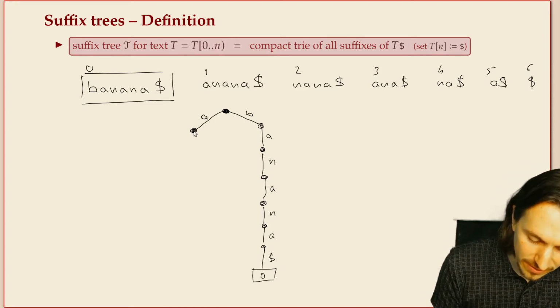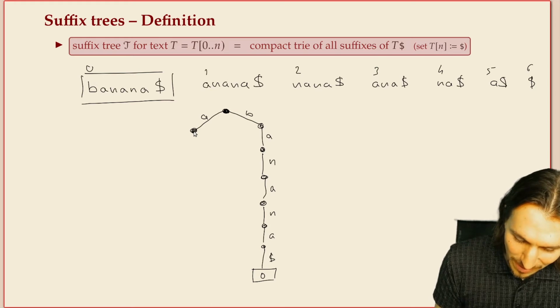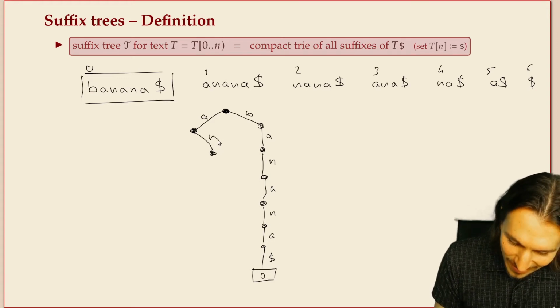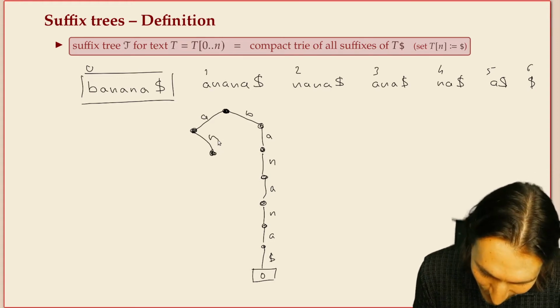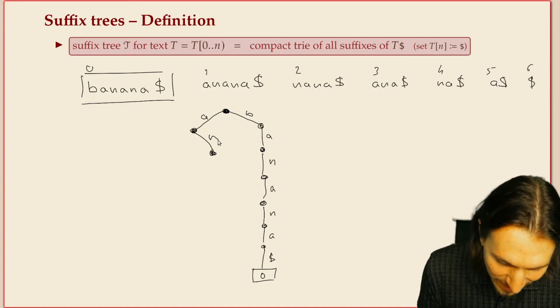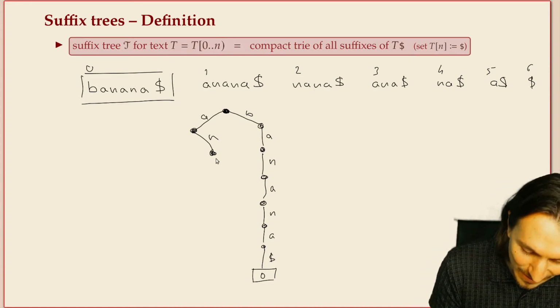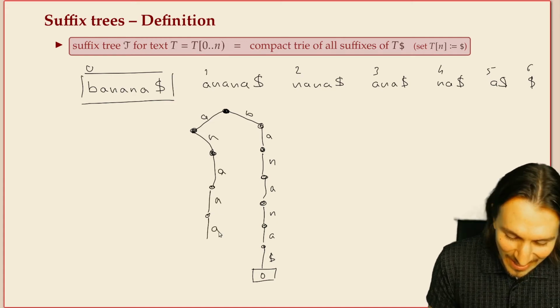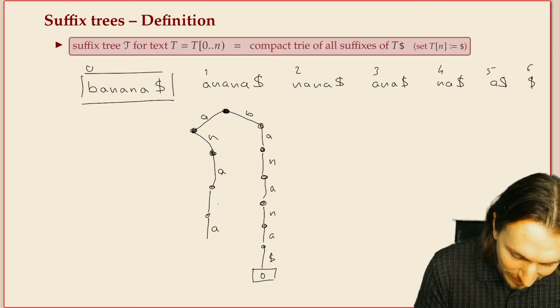And then, let's see, I'm trying to think a little bit ahead of myself. So let's branch out here. Do we ever have something else after an A, then an N? Well, at least the $ at the end. So let's keep it like that. And the $ sign.